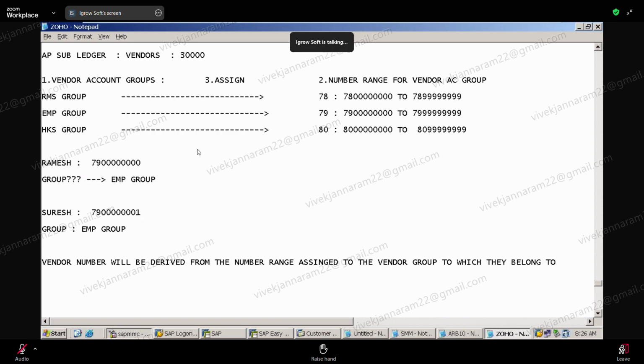Is it clear? I try to keep my English as simple as possible. Hope you are able to understand this. The vendor number will be derived from the number range assigned to the vendor group to which they belong. You understood the point now?